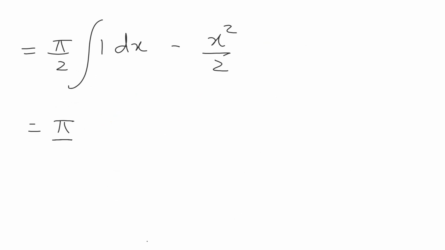Now integration of 1 is x. So plus c is for the entire problem. Don't write plus c over here and plus c over here. Plus c is for the entire problem. So that's your final answer. I hope you guys are able to understand.